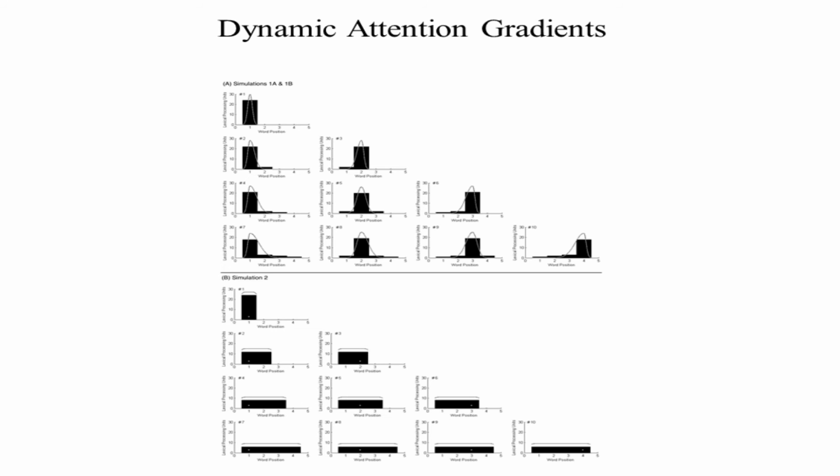And to really drive this point home, we completed a third simulation where we used these more extreme gradients. You can see that here, again, you have strictly serial processing, one word at a time. But down here, these gradients really correspond to completely distributing your attention across four words simultaneously.